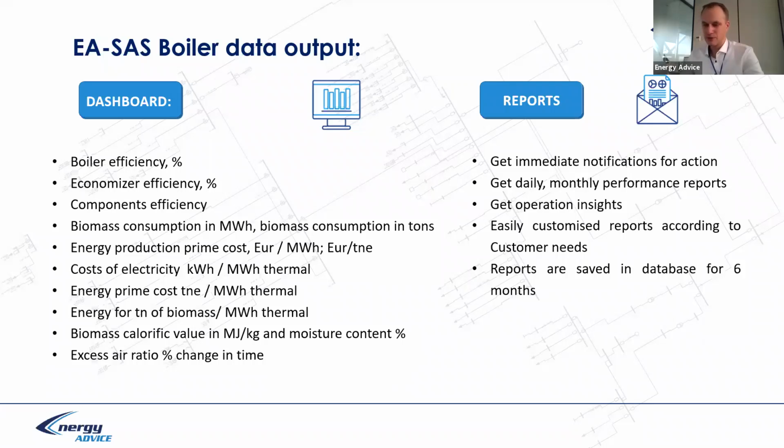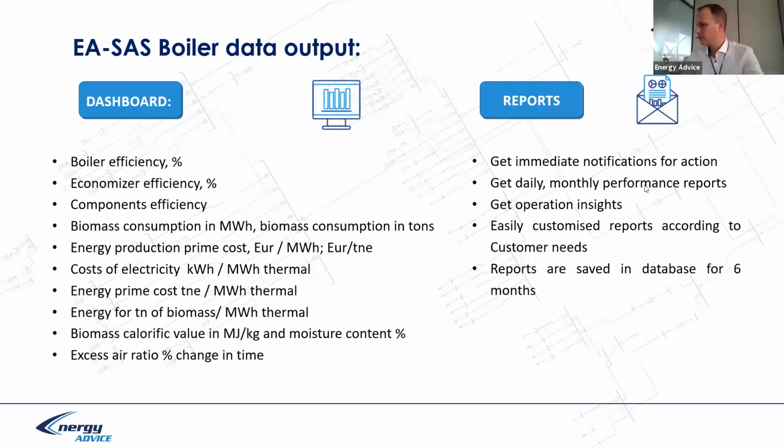Also indexes which are required to understand when you're controlling your business, when you're monitoring your business. And get reports also in PDF, immediate notification, for example, are separate. You can get email or SMS message, immediate notification as a head of management about something that happened in the boiler.